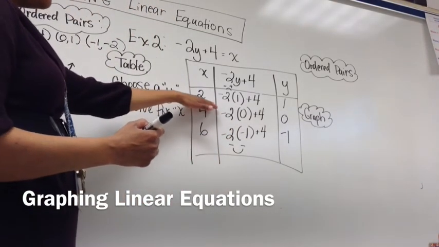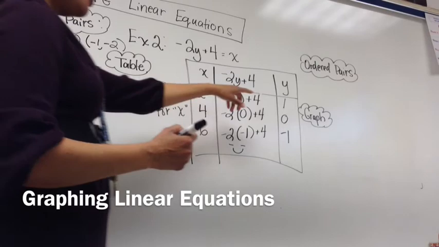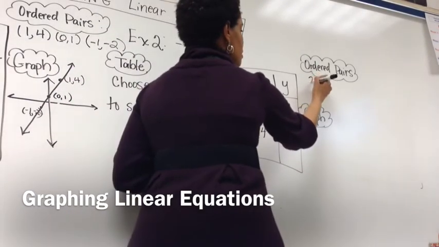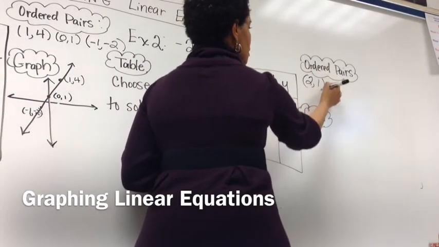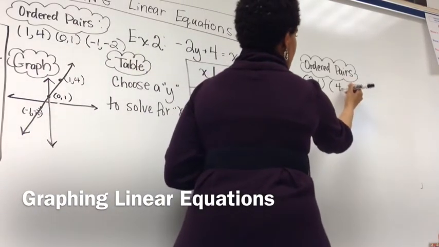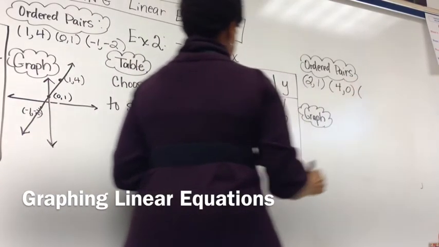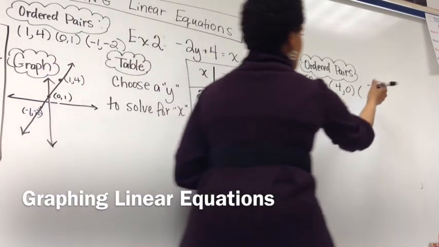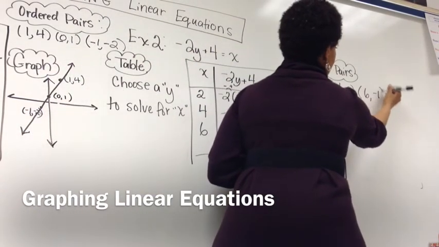So here are my ordered pairs. X is 2, where y is 1. X is 4, if y is 0. And x is 6, where y is negative 1.